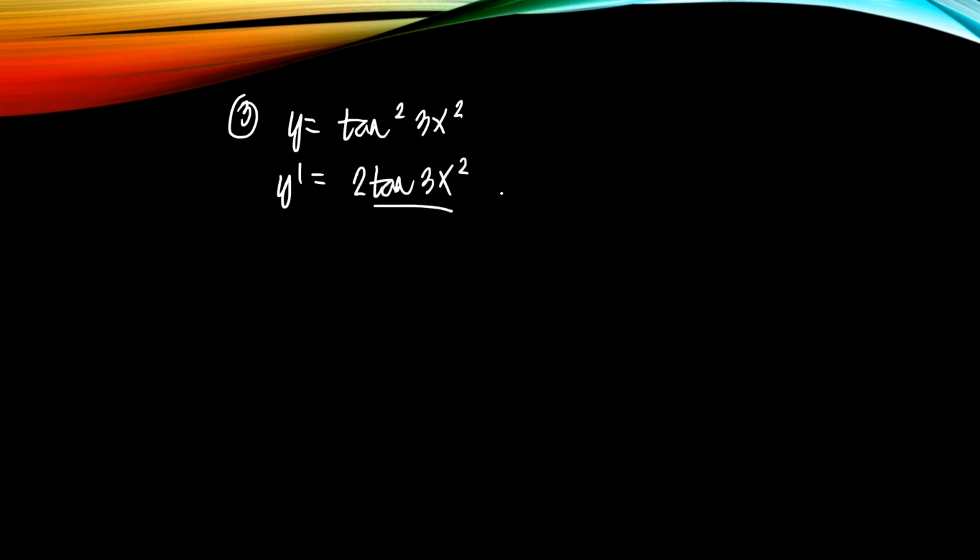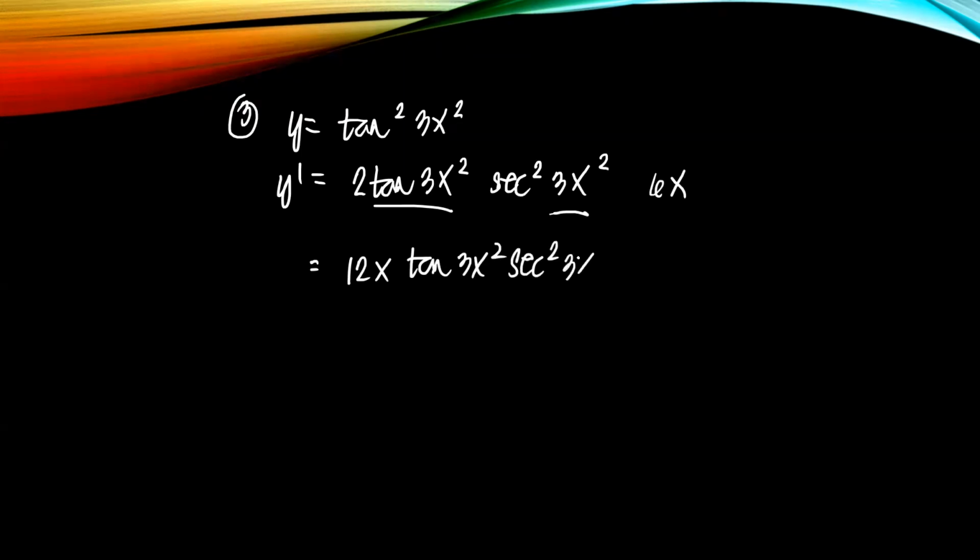The derivative of tangent is secant squared of 3x squared. The derivative of this one is 6x. Therefore, this is 12x tangent 3x squared secant squared 3x squared. Okay.